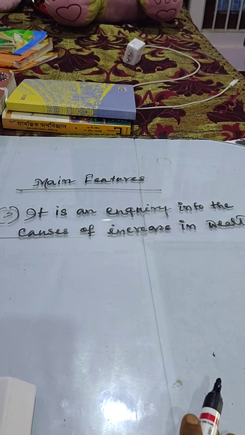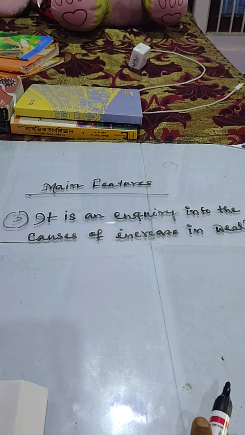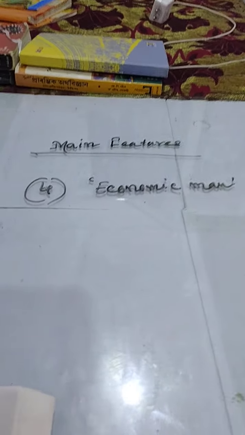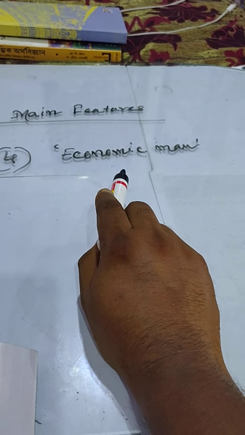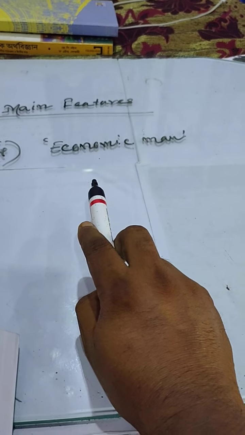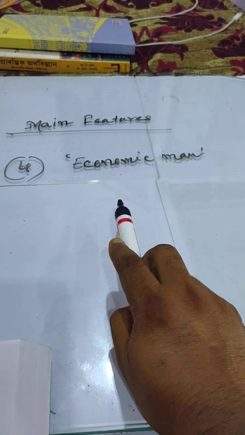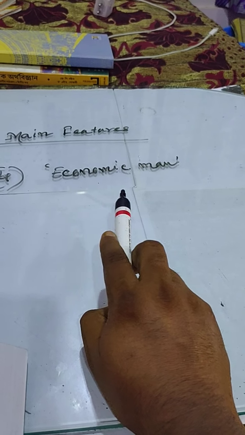Now we move to the fourth main feature of economics. The fourth important feature of economics is the economic man. That means the wealth definition lays emphasis on the man who does all activities out of his self-interest.